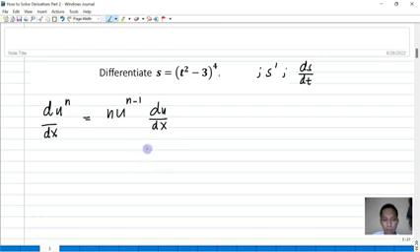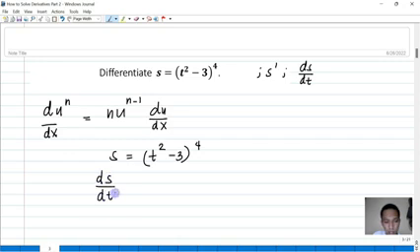So we have the problem s is equal to t squared minus 3 quantity raised to 4. So we have here the derivative of s with respect to t, equals. So we have this u, guys. Let u equal t squared minus 3.